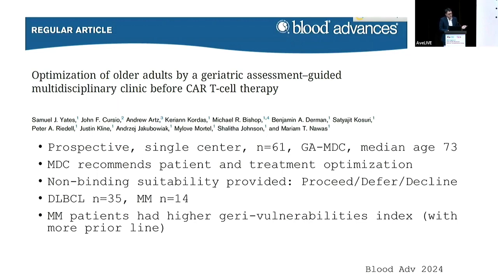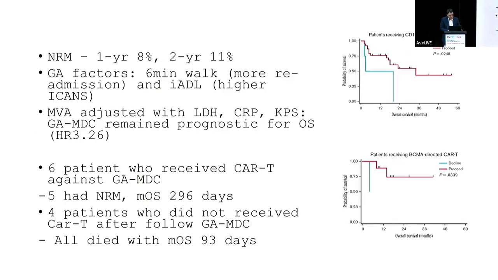That means they shared the recommendation, either proceed, defer, or decline, with the physician, but let the physician eventually decide whether to proceed. Of course, myeloma patients had a higher geriatric vulnerability index, indicating more prior lines of treatment. One-year non-relapse mortality was 8% and 2-year was 11%, similar to the real-world study.